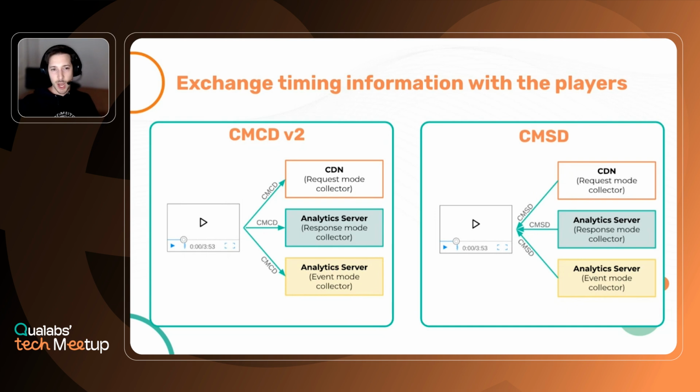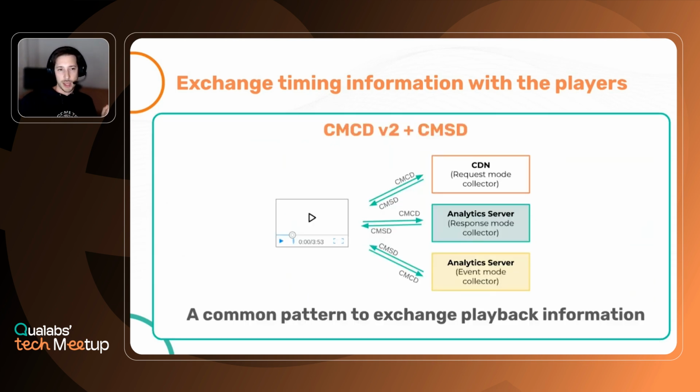The idea is how servers can send data back to a player using some particular headers that are defined in CMSD. So if we use this pattern, we can have a way to send information from a player to any server there.